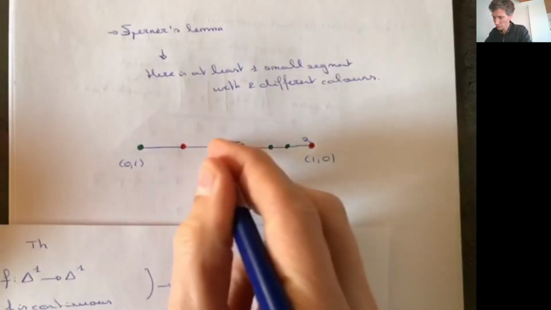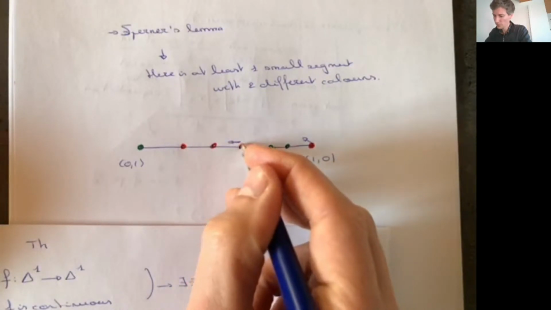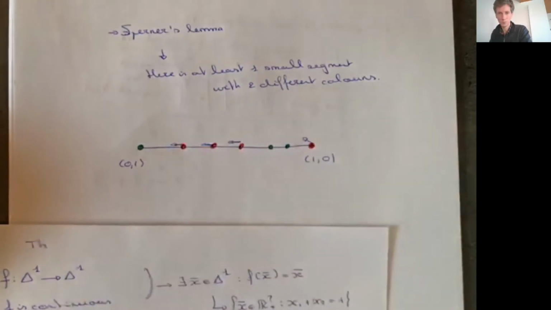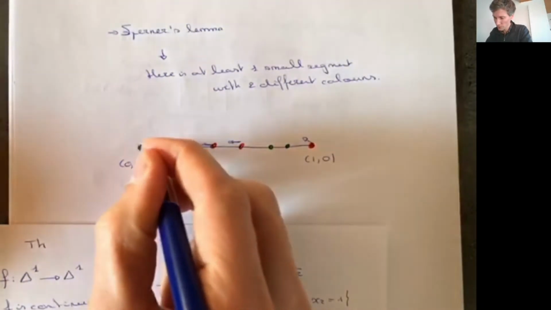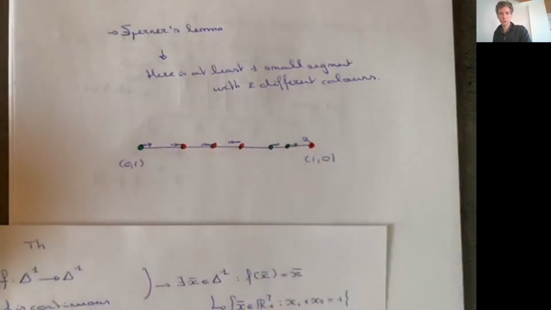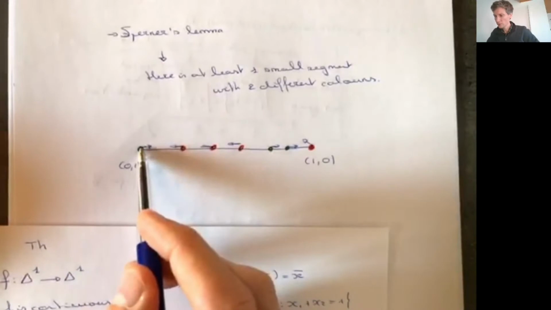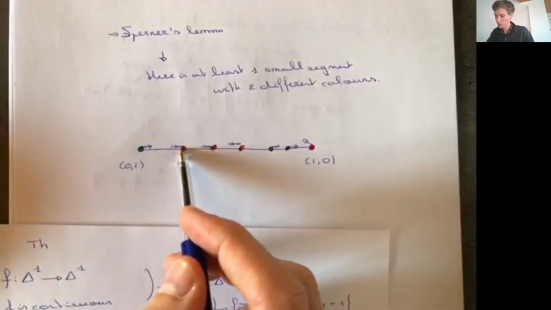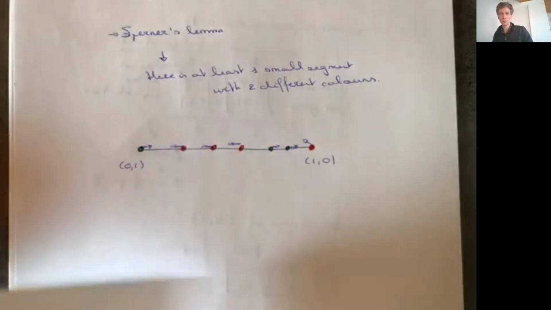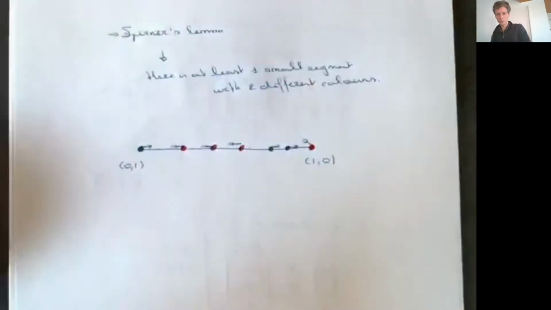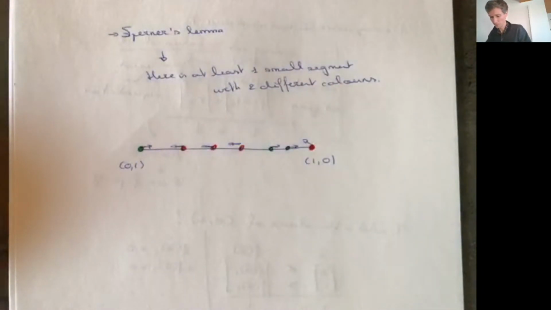Here I will be somewhere on the left. And for all the green points, my mapping will take me somewhere to the right of this point. So basically, if F of this point is to the right, you color it green. If F of this point is to the left, you color it red. So that's the intuition behind this coloring.